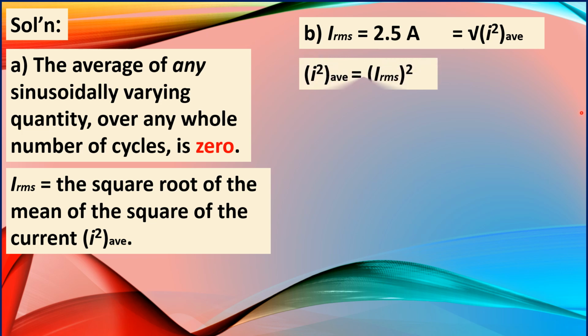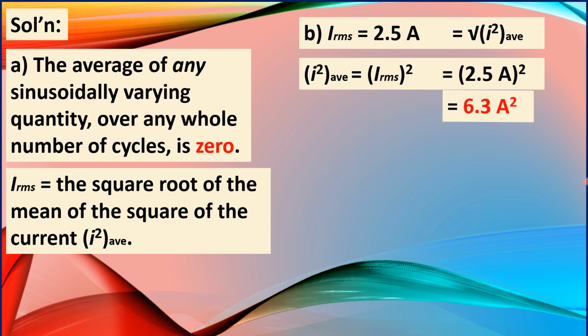What we're going to find is in fact the square of I sub RMS. So substituting the value of RMS current, which is 2.5 amperes, and squaring that, we will get the value, which is 6.3 amperes squared. That's the answer to question letter B.